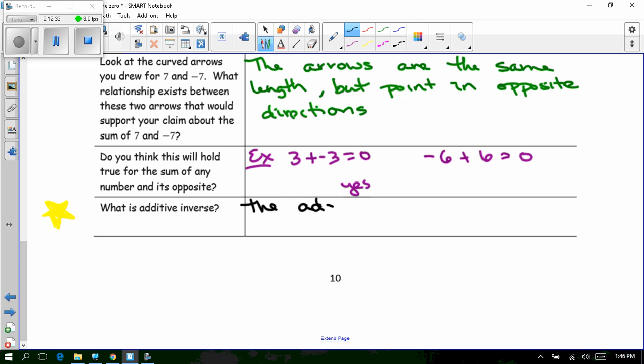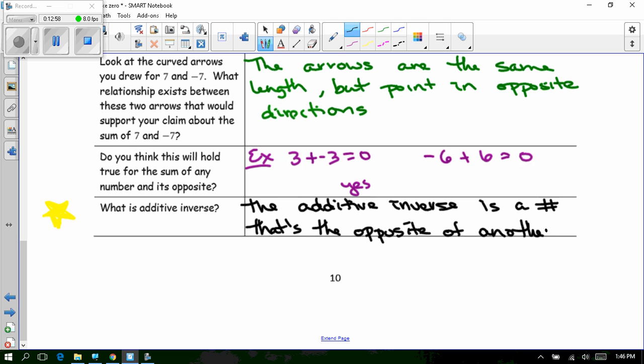The additive inverse is a number, again, too lazy to write the word number, so we'll just do the pound sign, is a number, well, you call it hashtag, that's the opposite of another.